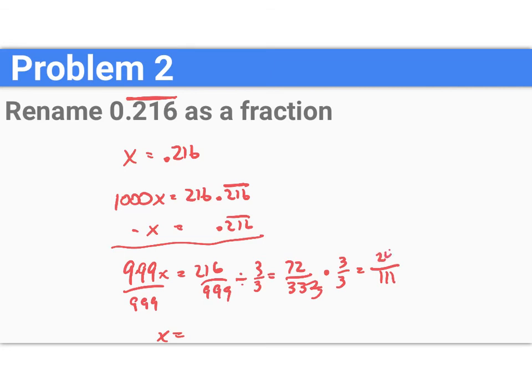We get 24. Does 111 divide by 3? Yes, it does. I forgot to show you that I divided by 3 over 3 again. So this reduces down to 8 over 37.